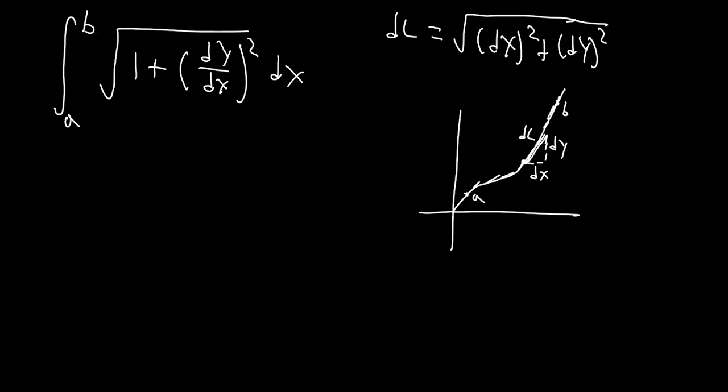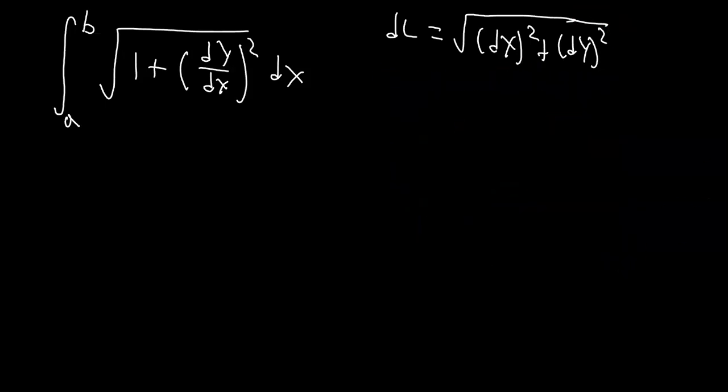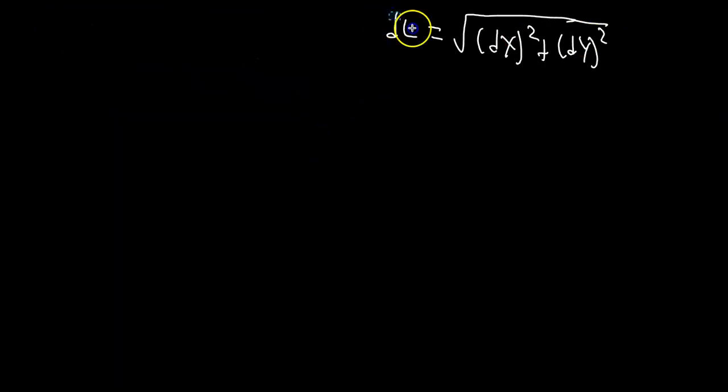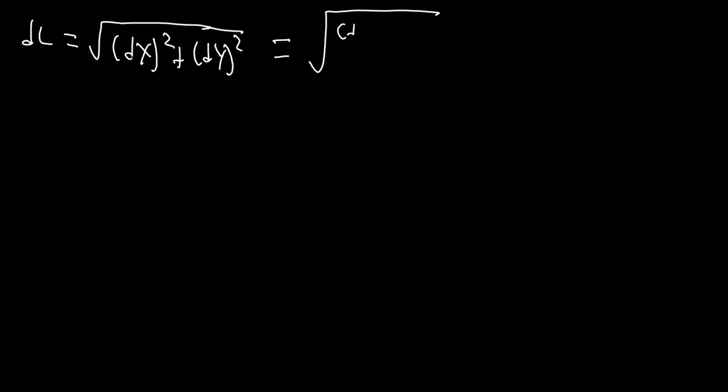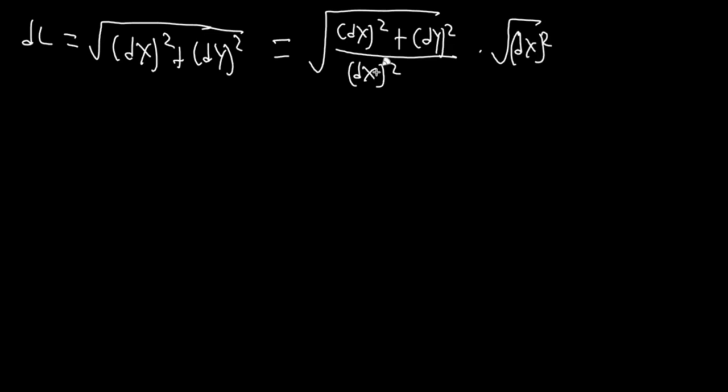Now, to actually prove the arc length formula, we're going to be needing the distance formula again. Let me give myself some space here. We can write this as the square root of dx squared plus dy squared, over dx squared, times the square root of dx squared.